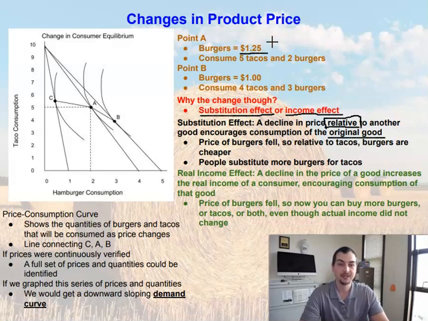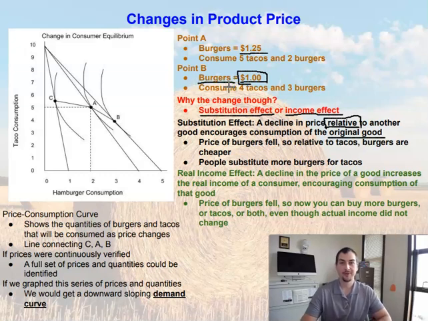In this case, a person or the market as a whole would be willing to give up 2.5 tacos to gain one hamburger. Versus if the price was just $1, the market would only be willing to give up 2 tacos rather than 2.5 for one more burger. So relative to tacos, these burgers are now cheaper.